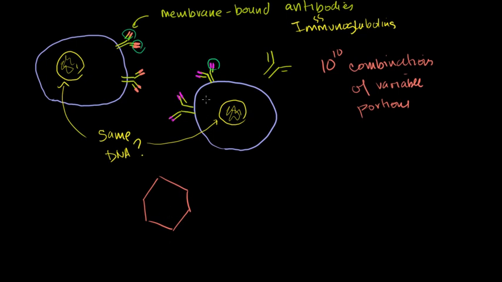This B cell will bump into this virus, and this virus won't attach. Then another B cell will bump into this virus, and it won't attach. Maybe several thousands of B cells will bump into this virus, and it won't attach. But since I have so many B cells having so many different combinations of these variable portions on these receptors, eventually one of these B cells is going to bond. Maybe it's this one, and it's going to bond to part of the surface of this virus.